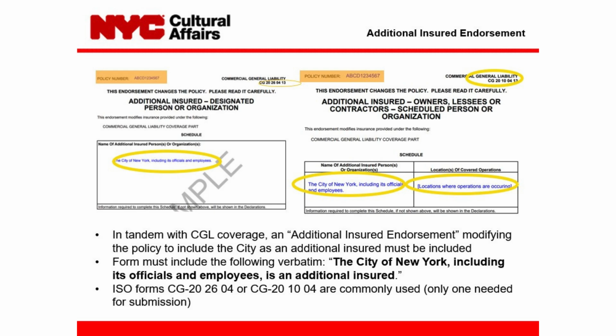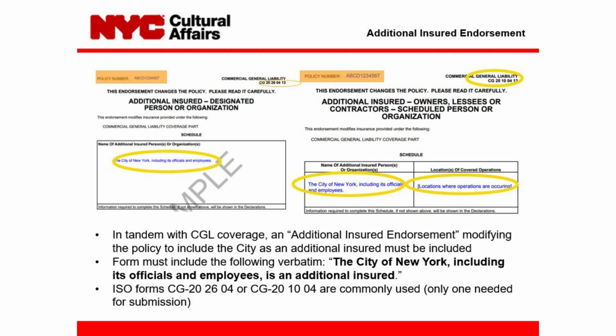Under Name of Additional Insured in the schedule, you must include the following language verbatim. The City of New York, including its officials and employees, is an additional insured. Please do not include DCLA's address. However, if and only if your insurance broker requires that an address be included, you must include care of in front of DCLA's address.